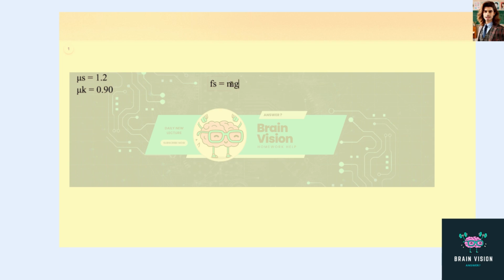So the gravitational force on an incline like this is going to be equal to m times g times the sine of theta. Let me just bring that over here. Okay, so mg times sine of theta.